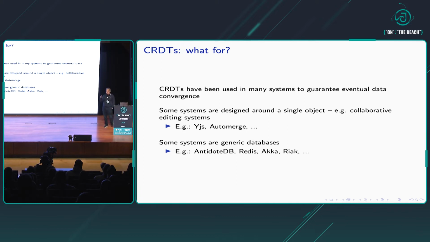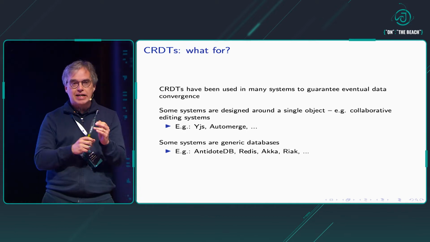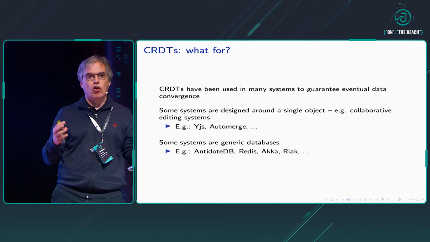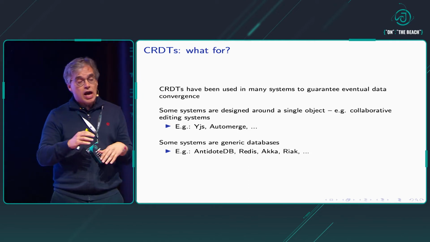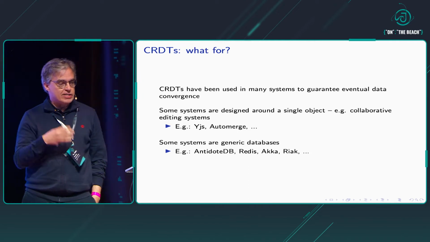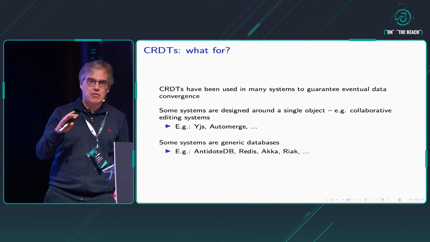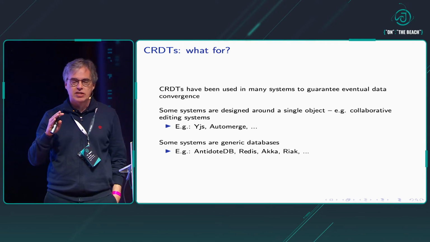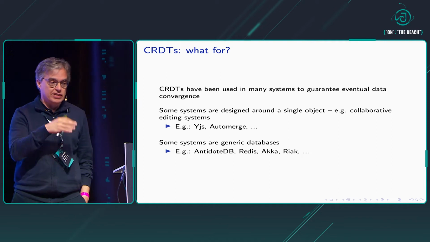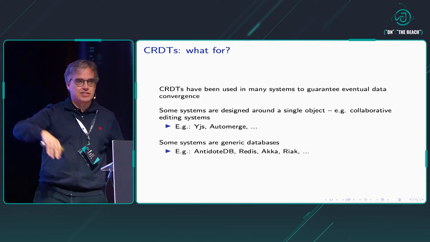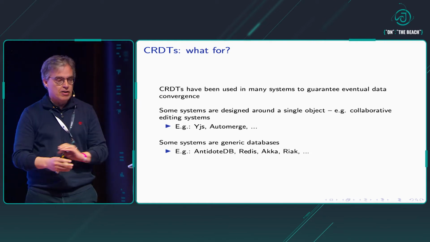And there are some systems that are basically built around a single object. For example, YJS and AutoMerge are systems that are mostly built around a single object. The object is complex in these systems, okay? They have a JSON object that can be a very, very big object.